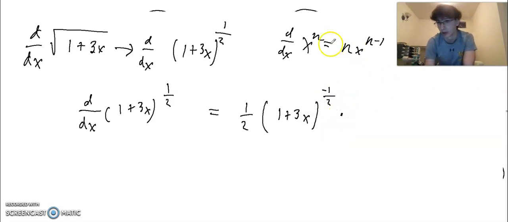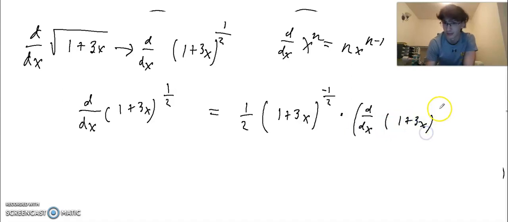And then we also have the chain rule, this inside function, where now we need to multiply by the derivative of 1 plus 3x, and this is just, well, the derivative of 1 is just 0, and the derivative of 3x is just 3, so we get 3.